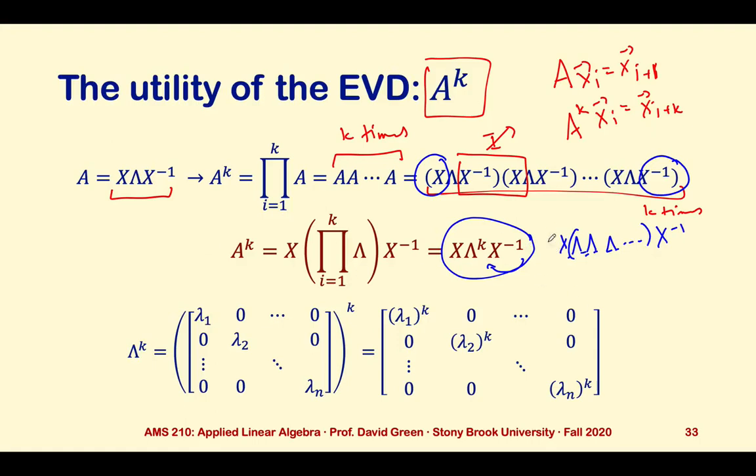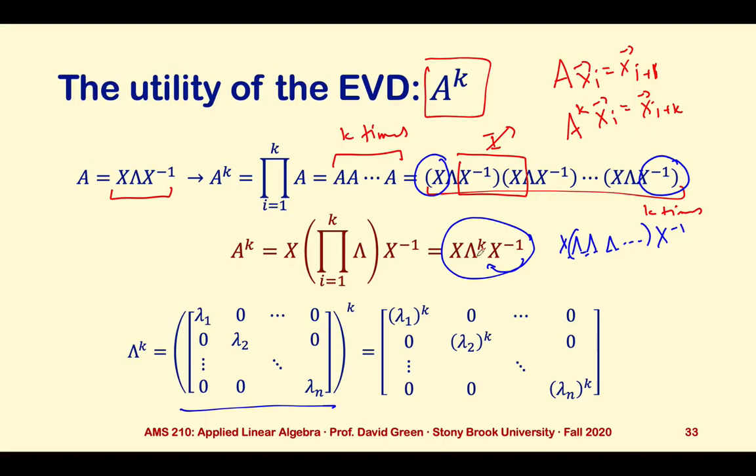Why does it help that we can write this? Essentially, we're writing something that looks very much like the original eigenvalue decomposition, but replacing the lambda with lambda to the k. It matters because lambda to the k is a really easy thing to do. A diagonal matrix raised to a power is simply the diagonal matrix whose entries are raised to the power.